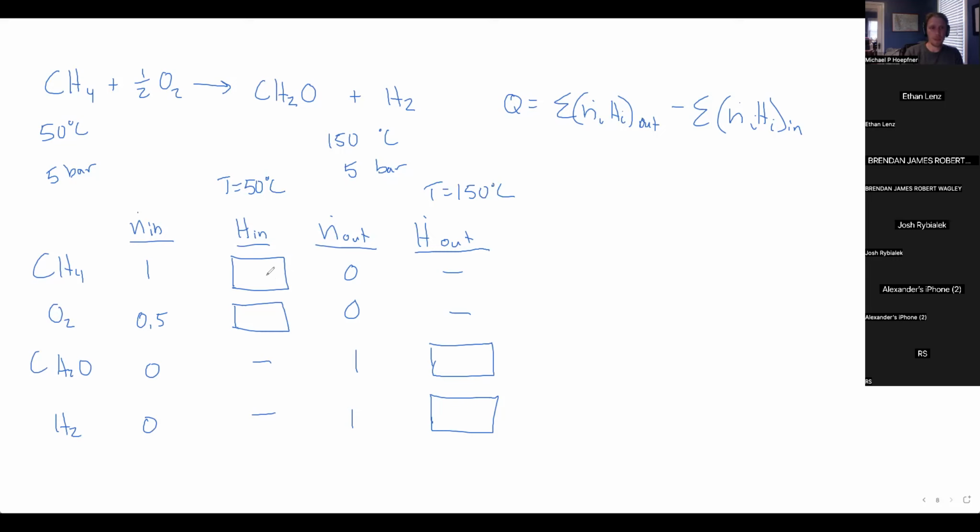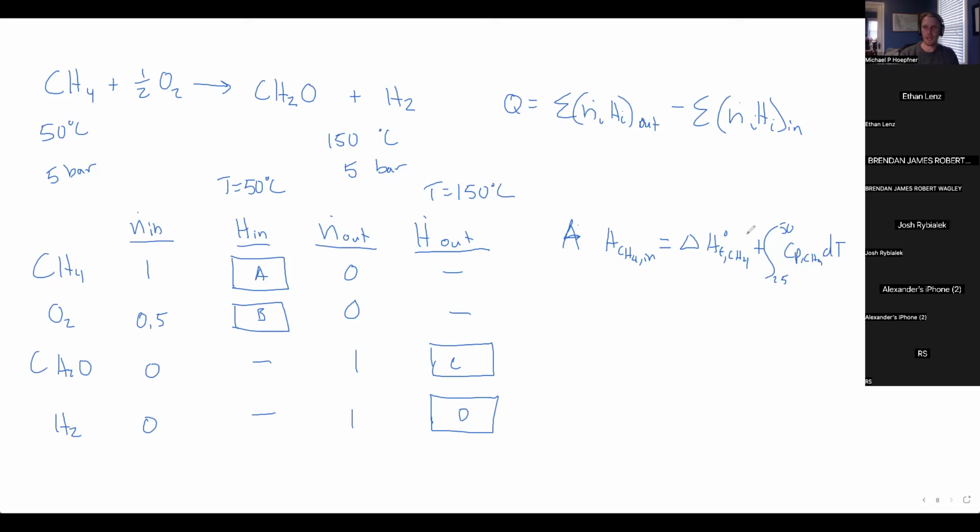So for any of my enthalpies, I'll just call these A, B, C, and D. The enthalpy for point A is going to be the enthalpy of methane in. I first need to create the methane. Then I have to heat the methane to the process conditions, and that is going to be the integral from 25 to 50 of the heat capacity of methane dT.